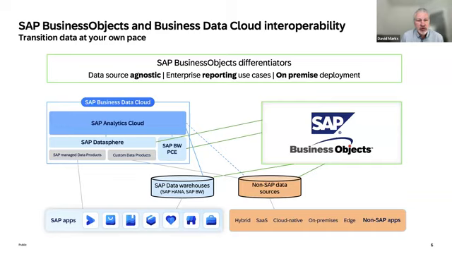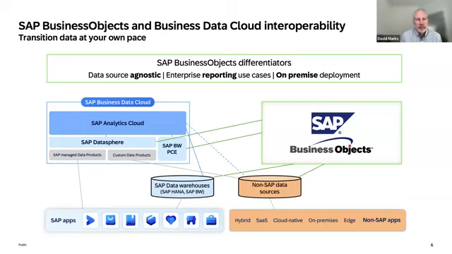You don't even have to have a universe, just like with BW accessing DataSphere, I just access the analytical models. Same thing with SAP HANA. So you may still need Business Objects for these enterprise reporting use cases, pixel perfect reporting. That's all still supported. So these two products can work together nicely.